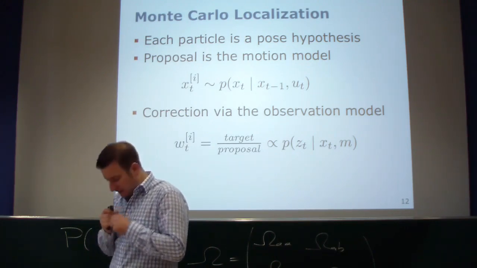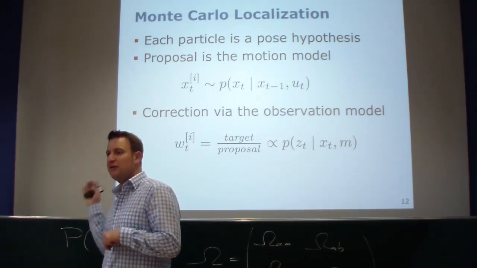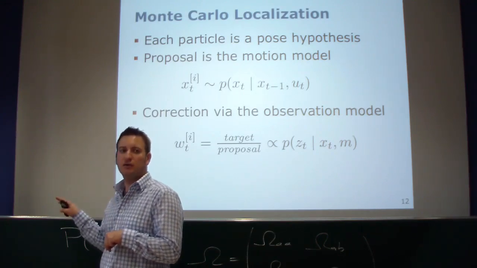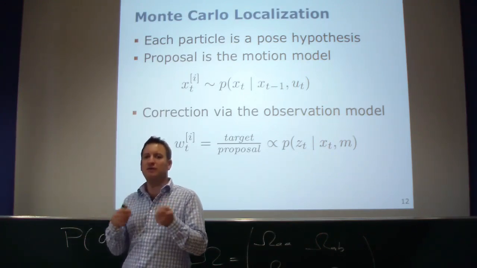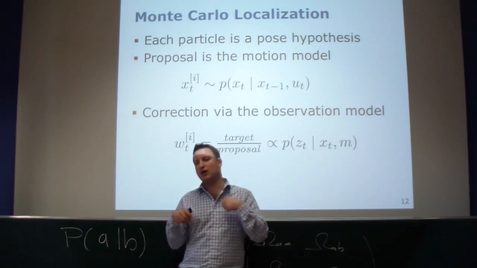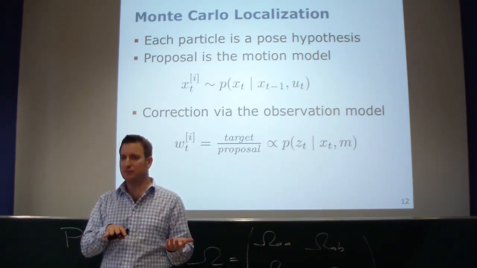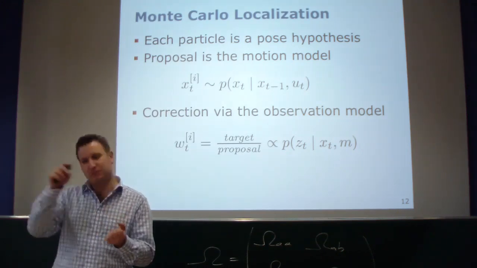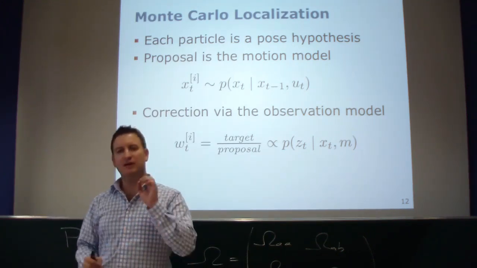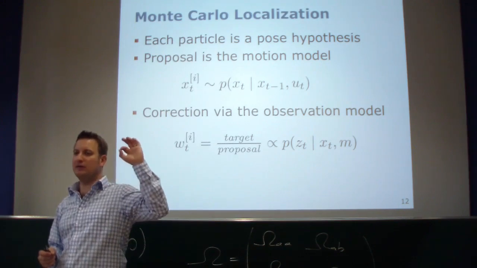How likely is it, given that the robot is here, that it obtained the observation the robot got. You determine the particles which are well in line with the model and the observation. Those particles where the observation perfectly fits the map are pretty good, they get a high weight.